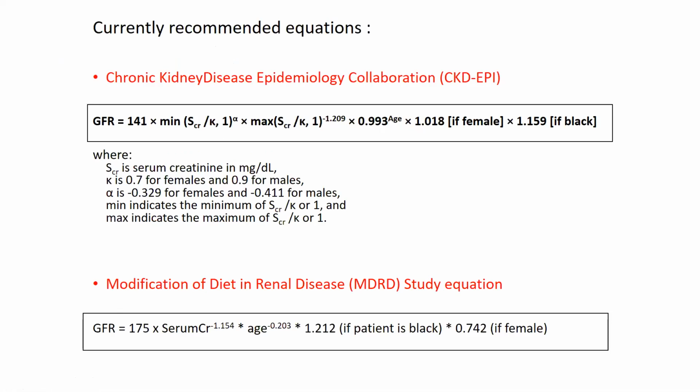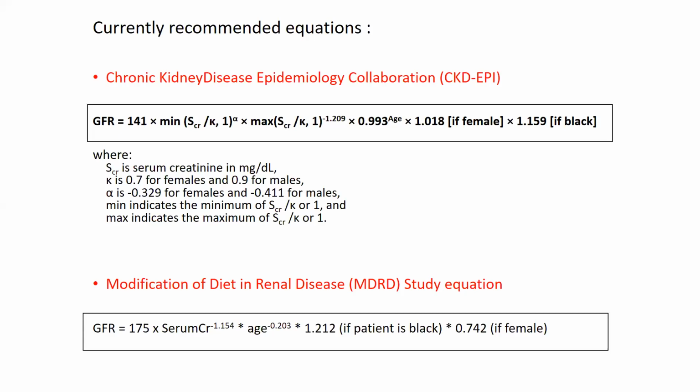And as you remember from yesterday's discussion, because it's very cumbersome to calculate the true glomerular filtration rate, where you need very meticulous investigations and have to collect samples for 24 hours, and because this is not practically possible, we tend to calculate it using these equations as an estimated glomerular filtration rate.